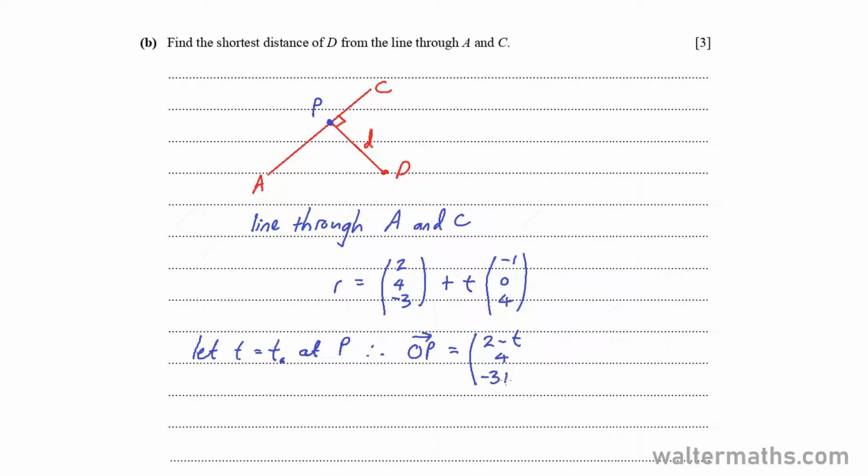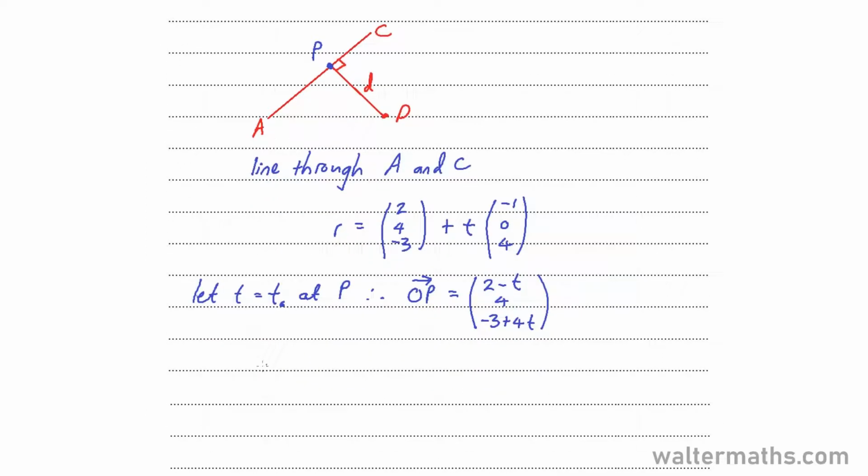So we now have the position vector of the point P, which means that we can now find the vector PD. So let's find PD. So we're saying PD is equal to OD minus OP.